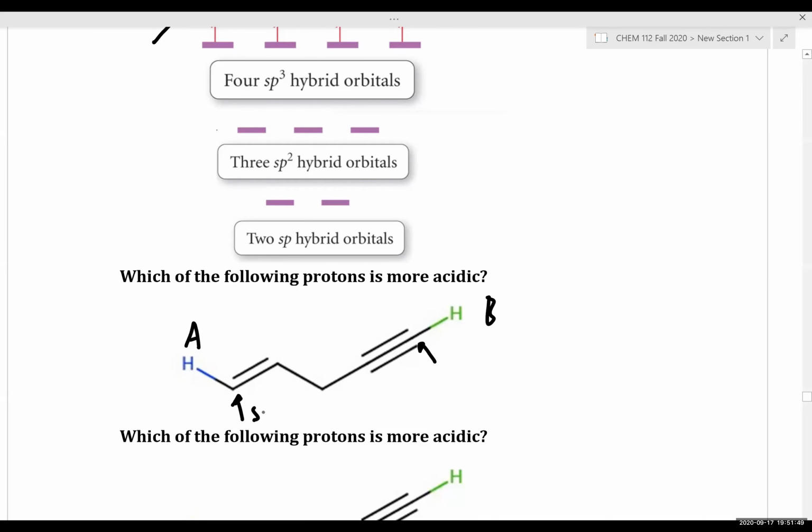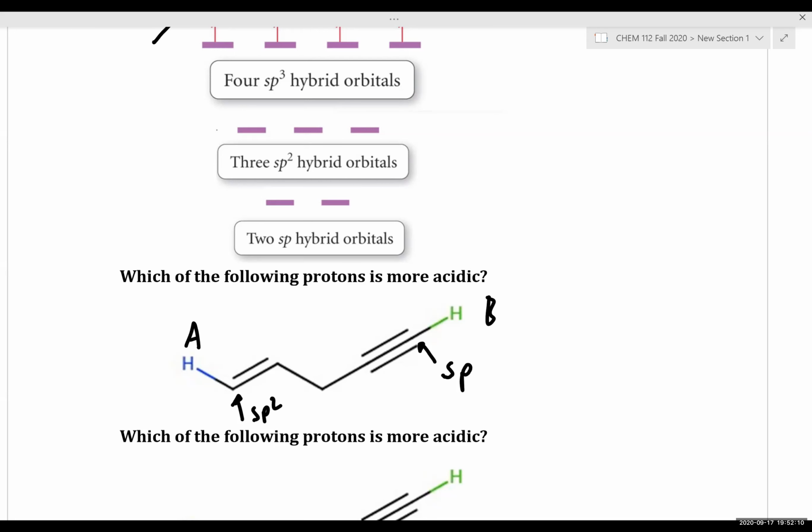An sp2, yep. And for proton B, what's the hybridization? sp. So then, which anion will be more stable, and in turn, which proton will be more acidic?